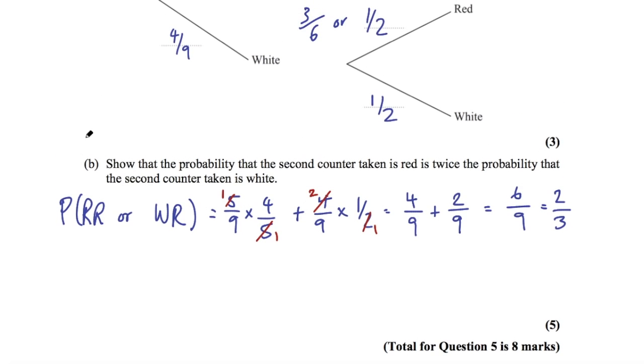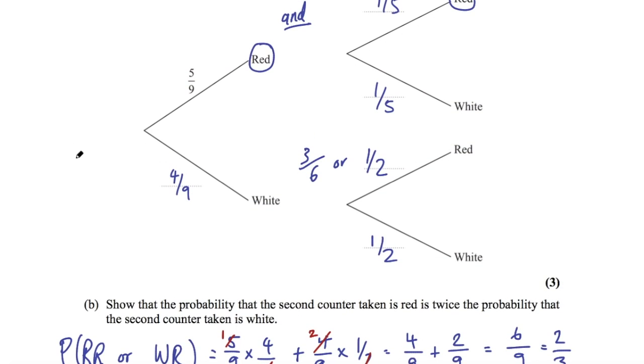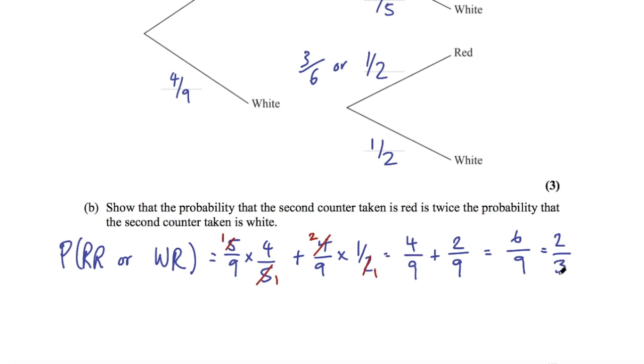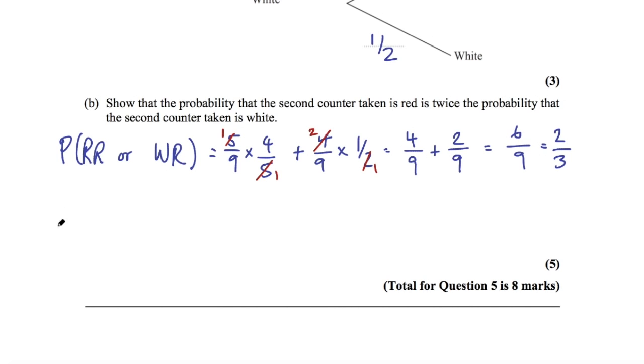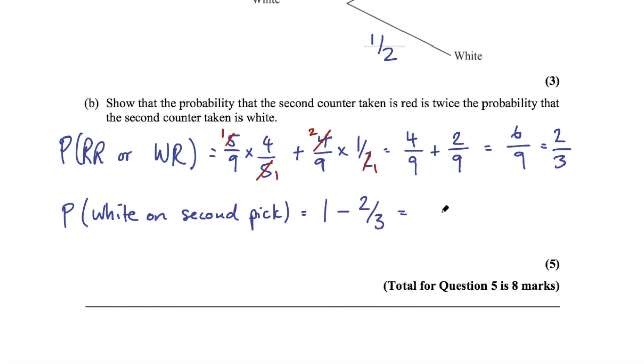So the probability of getting a red on the second pick is 2 out of 3. And the only other possibility is to get a white on the second pick. So the probability of those two events must add up to 1. So we can say that the probability of getting a white on the second pick must be 1 minus 2 on 3. So that will be 1/3.